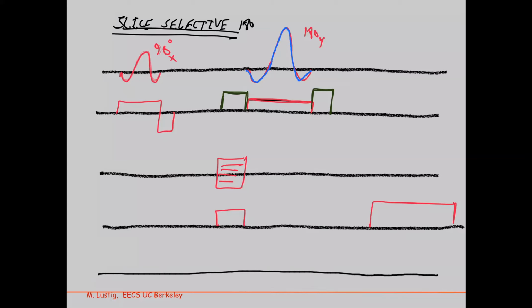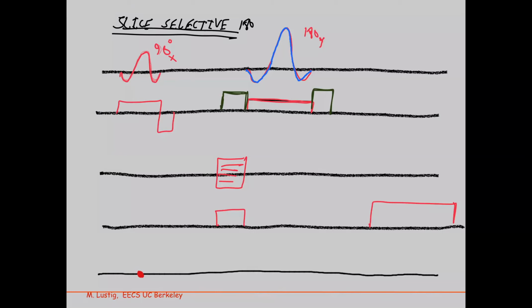So let's see the 90. The 90 signal, you excite over here, right? So then it starts at phase 0. And I'm just going to ignore off resonance right now. I'm just going to consider the gradients in the z direction as the contribution of phase. Okay.